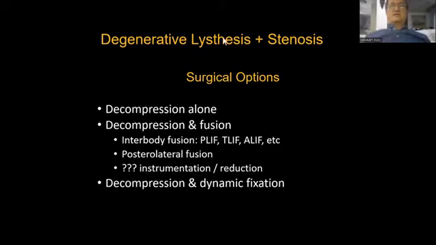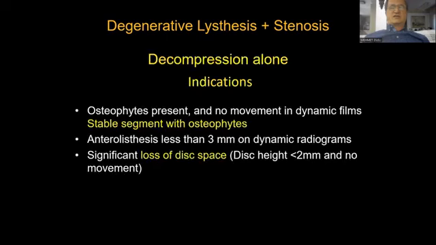What about degenerative listhesis plus stenosis? There is still an option for decompression alone if the patient has no back pain and no movement during flexion-extension films. So a stable segment with osteophytes, loss of disc space, and anterior listhesis less than 3 millimeters are the patients in whom we may not do a fusion surgery, only decompression.